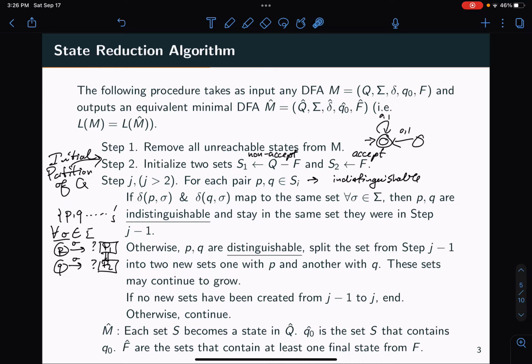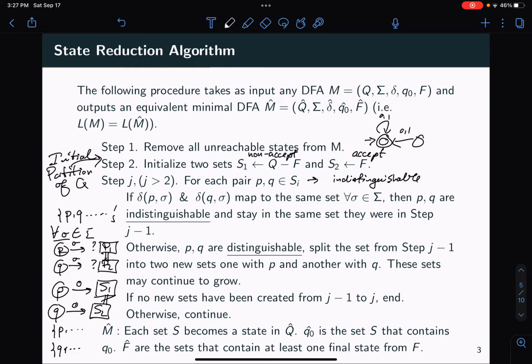Otherwise, let's say I read the symbol 0. Say here I'm at P, here I'm at Q. If I read the symbol 0 from P, this leads me to partition S1, and from Q, if I read the symbol 0, I go to the partition S2. If these two are not the same, then these are distinguishable states, and so they should go in separate partitions.